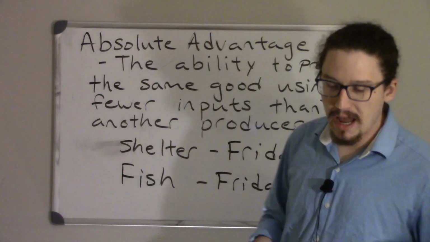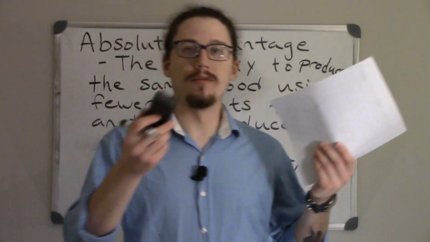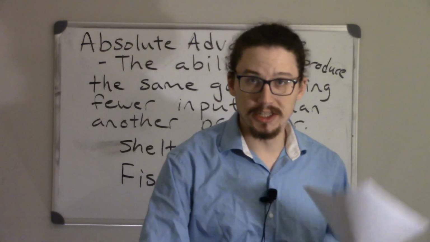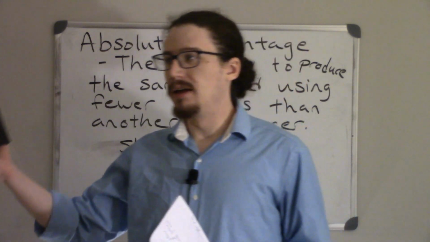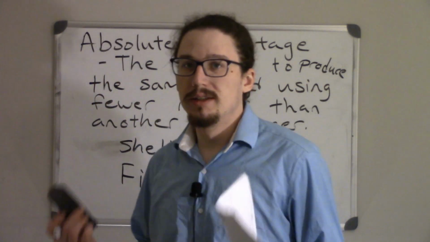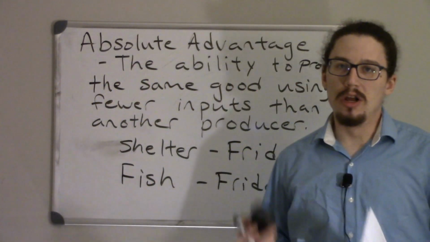So we can use this as an analogy for a richer, more developed country that might have an absolute advantage in many products, and the potential for trade with a less developed country that does not have that absolute advantage.